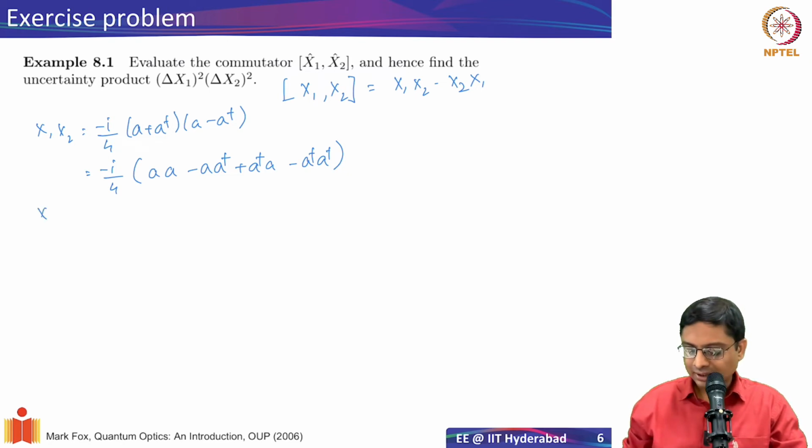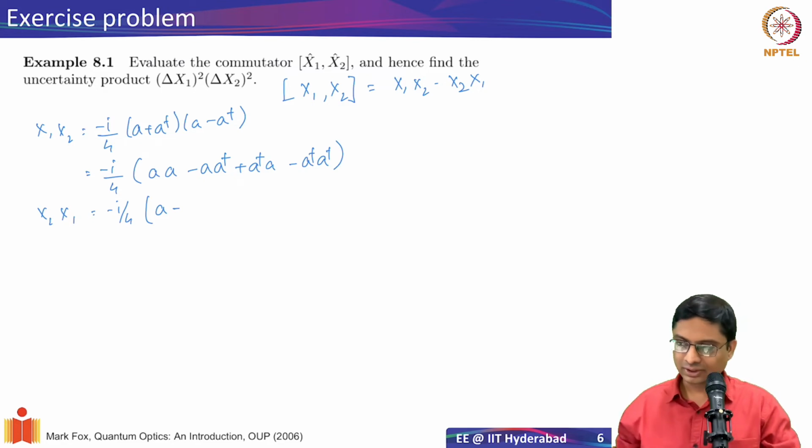Similarly, I can calculate what is my x2 x1. That's again minus i by 4 (a minus a dagger) into (a plus a dagger). Since I'm on this space saving spree, let me push this.